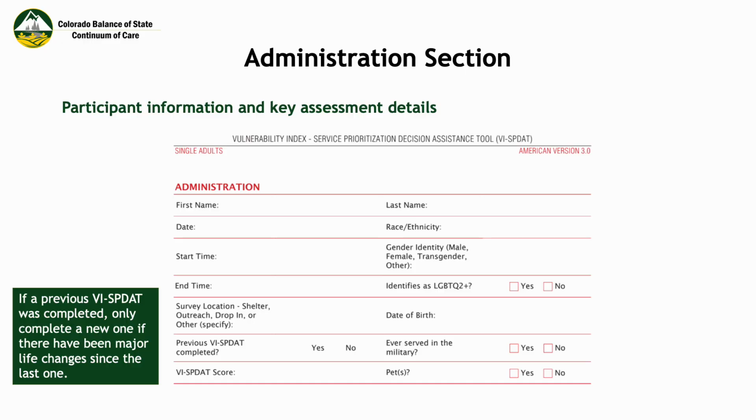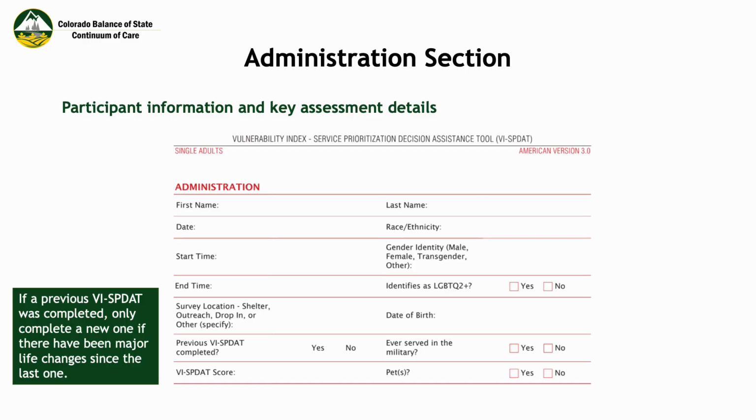Looking at this section, on the left-hand side, the first question asks for the individual's first name, today's date, the start time and end time. And these two questions are optional and are only used to track how long an assessment might take with an individual. That's followed up by the survey location. Are you meeting with the individual in a shelter, during outreach, at a drop-in center, or other location?